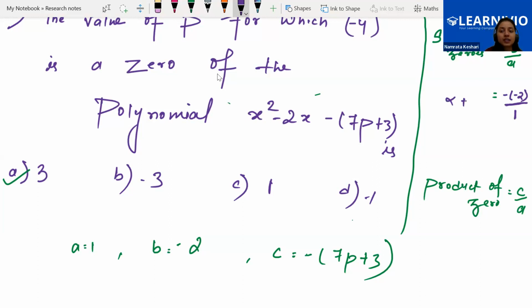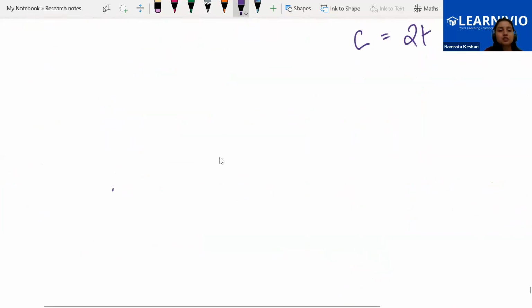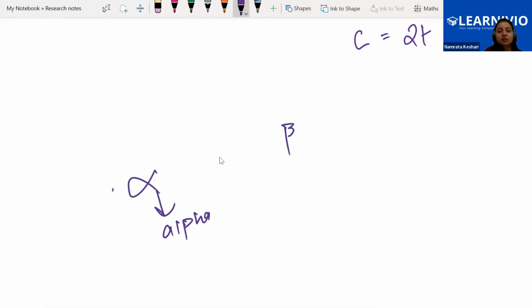We can take alpha plus beta. We are representing the zeros by these Greek alphabets, alpha and beta. This is called alpha and this is called beta.